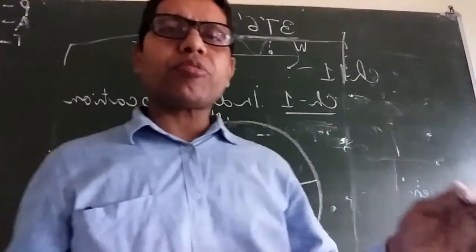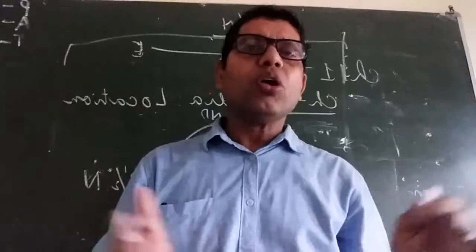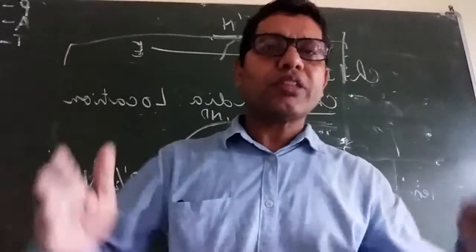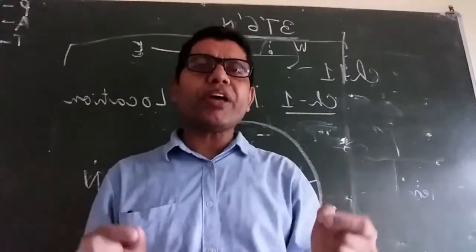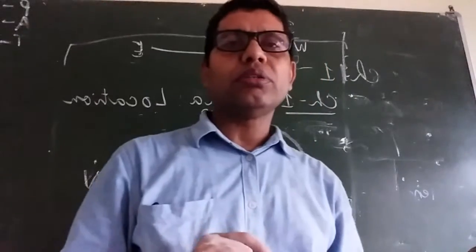When we have to express the location of a country on the globe, on the world map, or on the earth as a whole, we need to express location in terms of latitude and longitude.